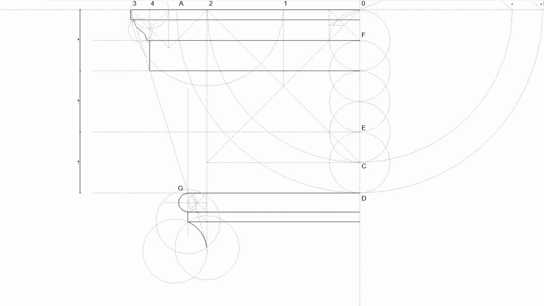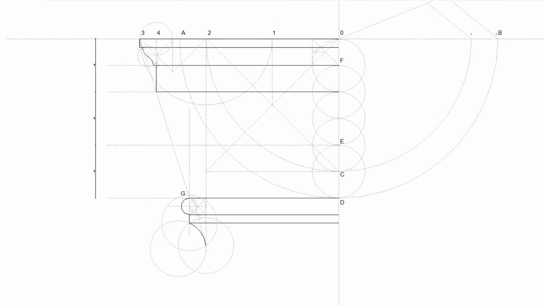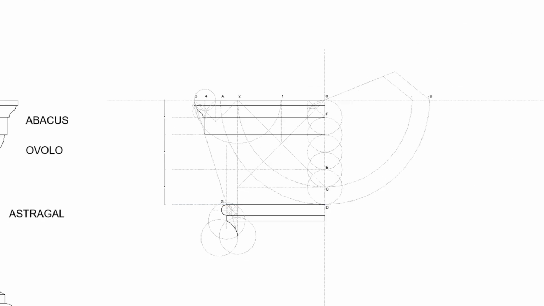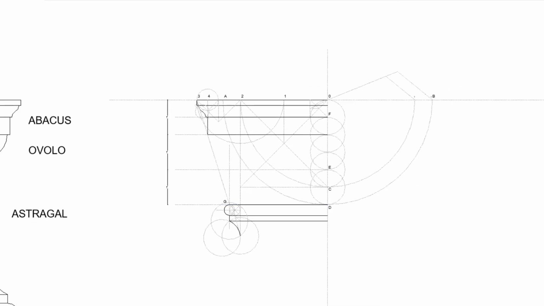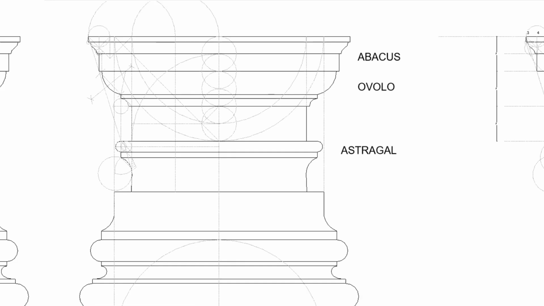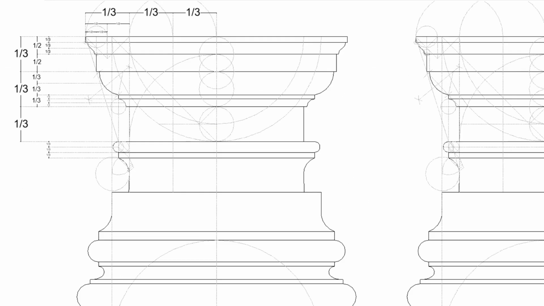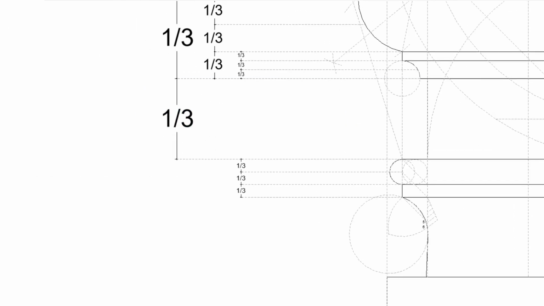So that's complete. So we still need to finish off the rest of the column, and there's not that much work left to do at this point. So what we will do, let's just draw the neck of the column because there's no divisions on this third here.